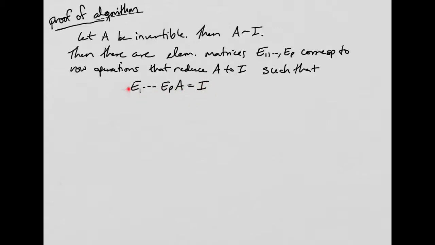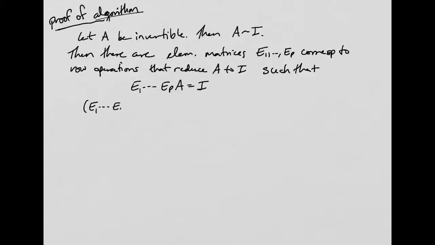And now the rest of the proof is just algebraically manipulating this equation until we see what we need to see, until we get to the punchline. The first point I want to make or remind you of is that all of these elementary matrices are invertible. And so that means that the entire product is invertible. That was a property that we saw in the past.